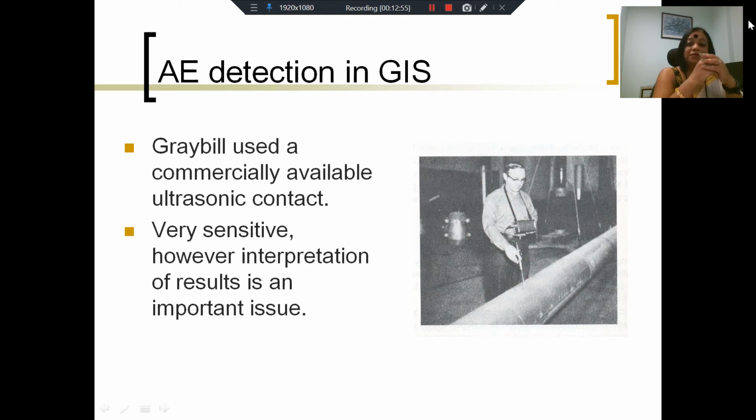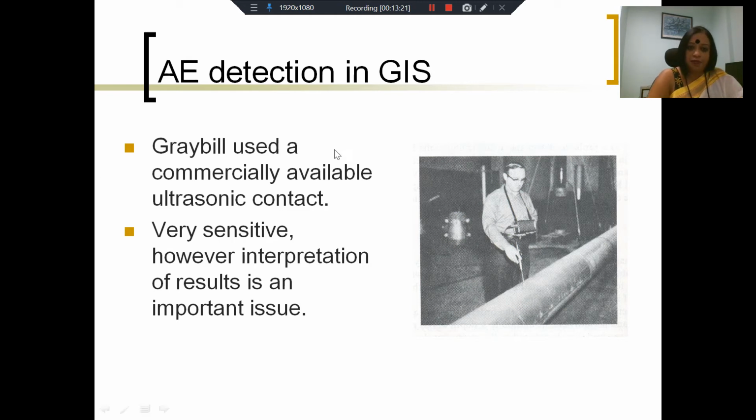But at the same time, since the entire thing is enclosed, any kinds of maintenance operation or failure can be very costly. And therefore, it became very important to be able to monitor the condition of the GIS from outside regularly over a period of time. And that is when the acoustic emission technique for PD detection came into importance.